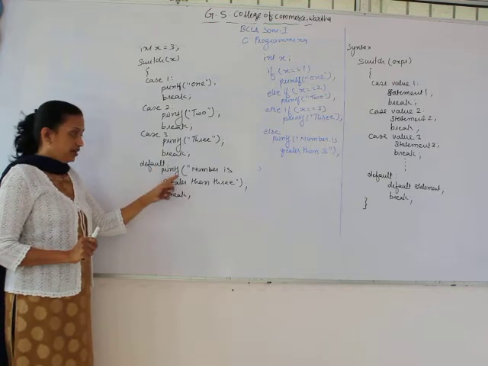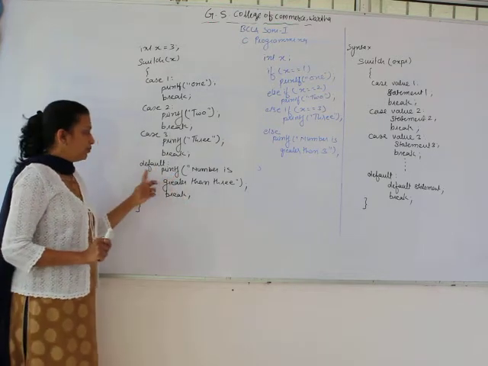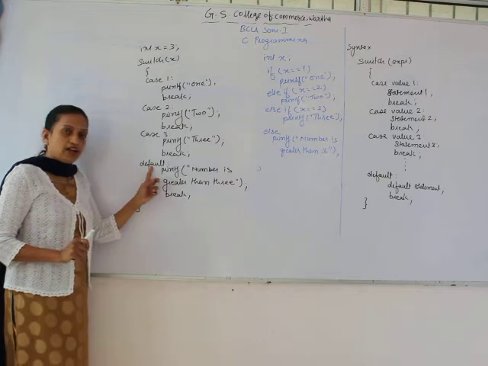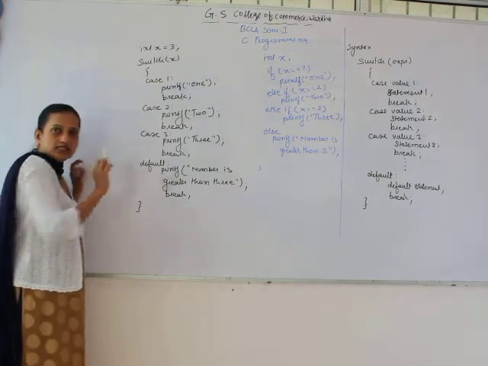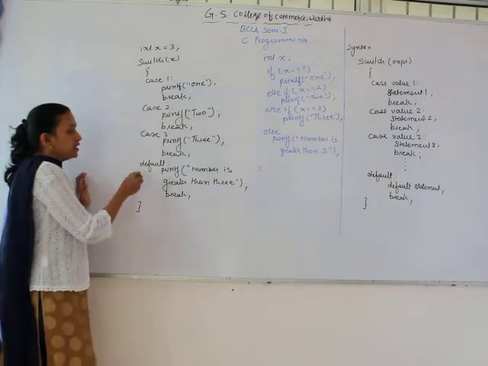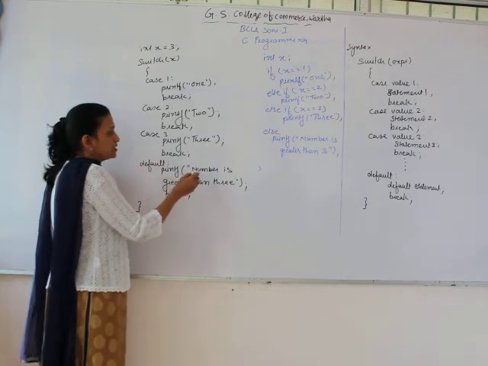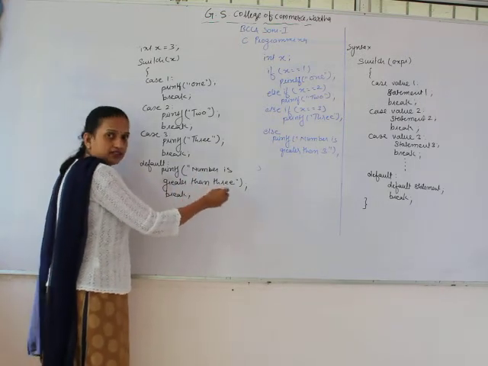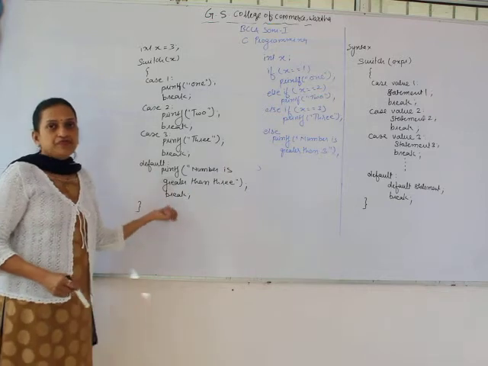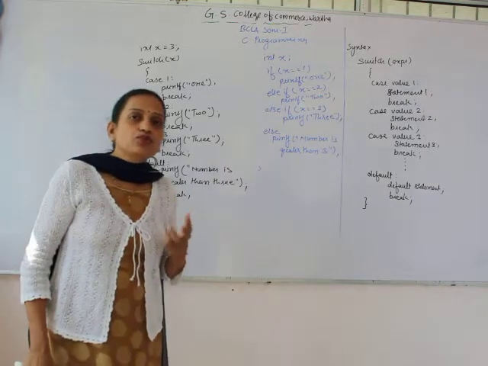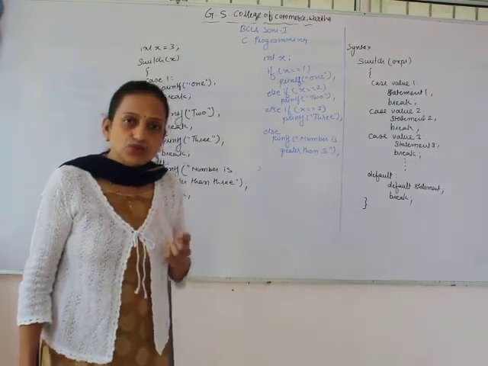So it is specified with default. If none of the given cases is satisfied, the default gets executed, which is number is greater than 3, and break.